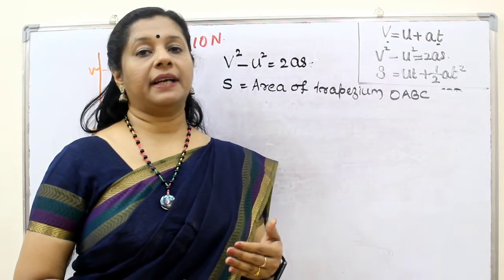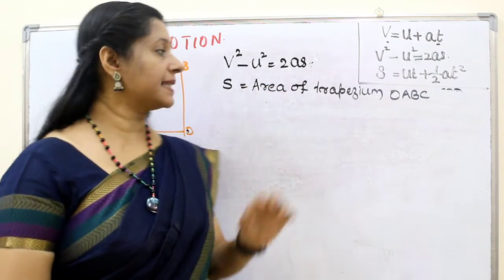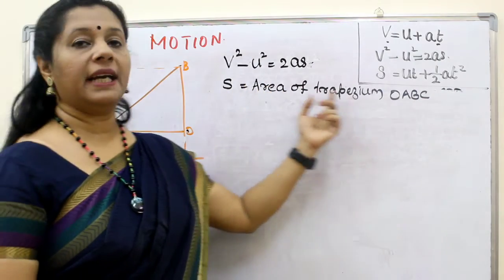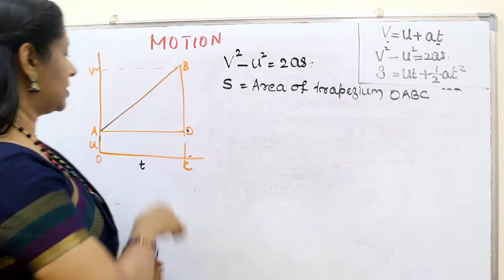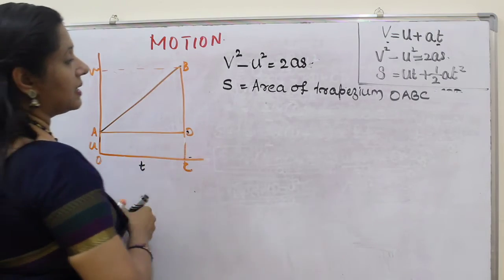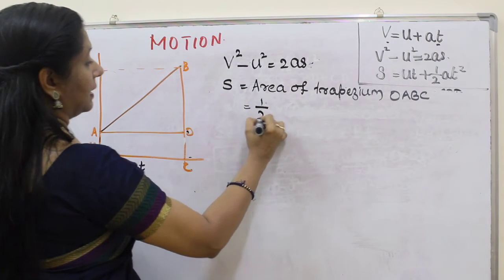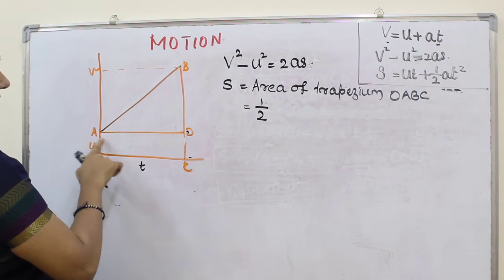Now we are going to derive the third equation. V square minus U square is equal to 2AS. So S is equal to the area of trapezium OABC. So here we are taking the trapezium as a whole. So what is the area of this trapezium? Half into the sum of the parallel sides. Which are the parallel sides?